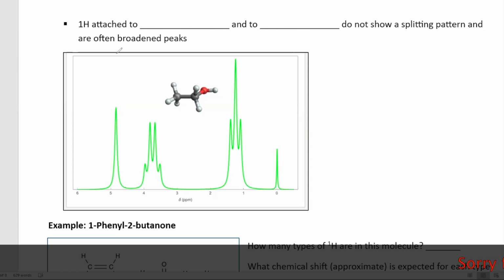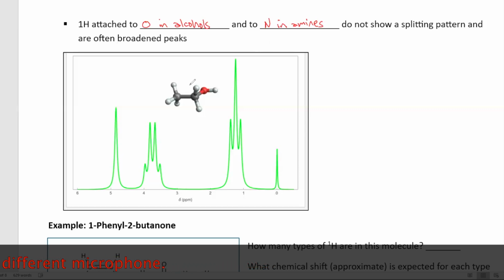Okay, so one other situation that we want to talk about with regard to peak splitting is when there is no peak splitting. That happens in a couple of situations. First of all, whenever there's a hydrogen attached to oxygen in alcohols, or if we have them attached to nitrogen in amines. What happens in that situation is that instead of peak splitting, you get peak broadening.